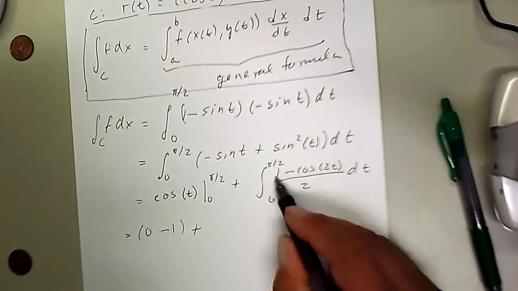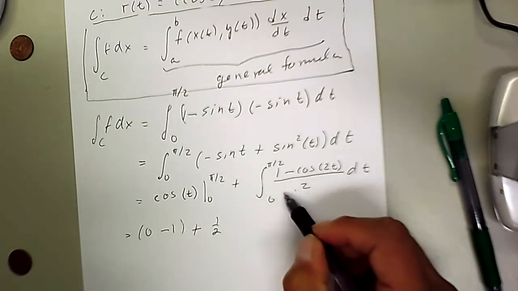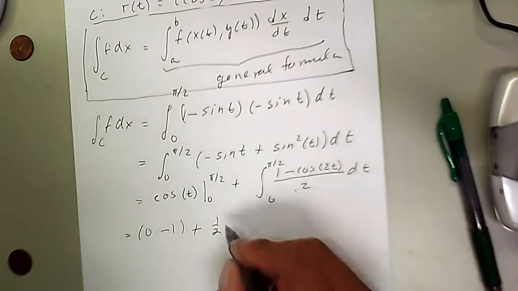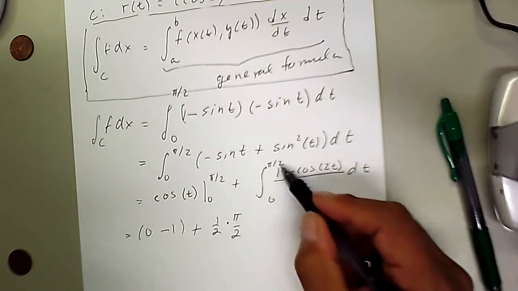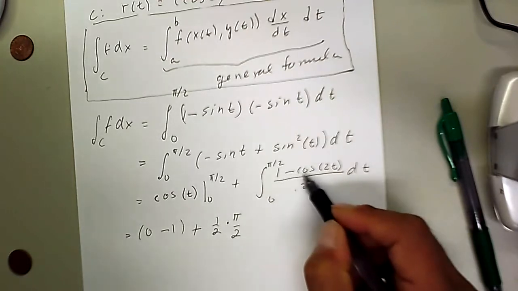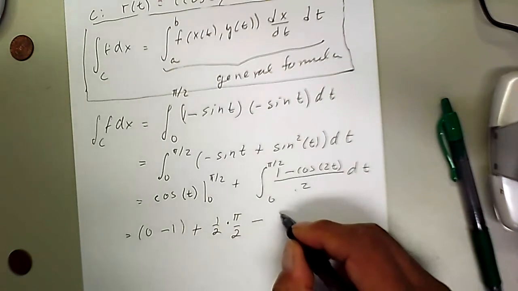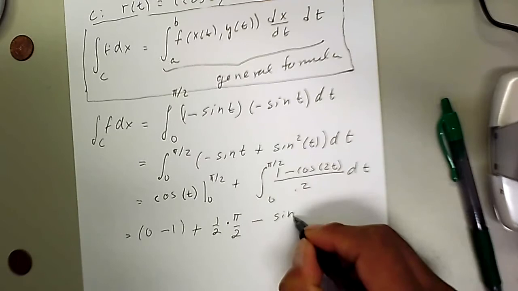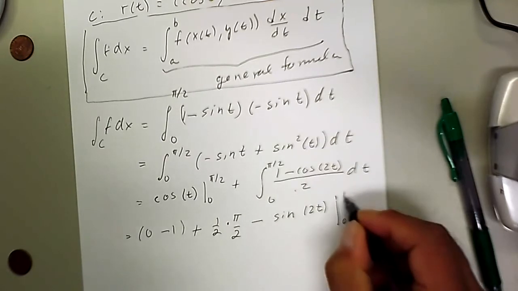Here we have 1/2, but then we're just plain 1/2, the constant 1/2, as we go from 0 to pi over 2. Of course, we just multiply by pi over 2, and that takes care of this 1/2. Now the antiderivative of cosine is sine, so we have sine of 2t from 0 to pi over 2.